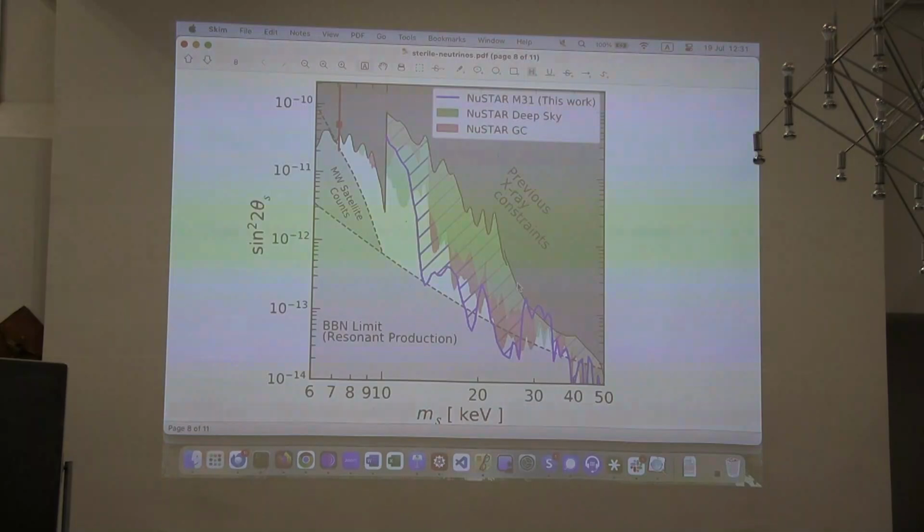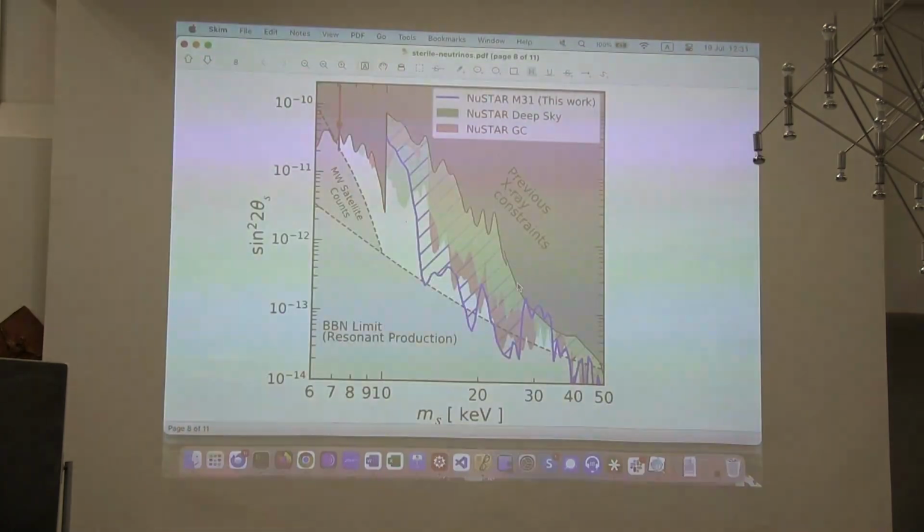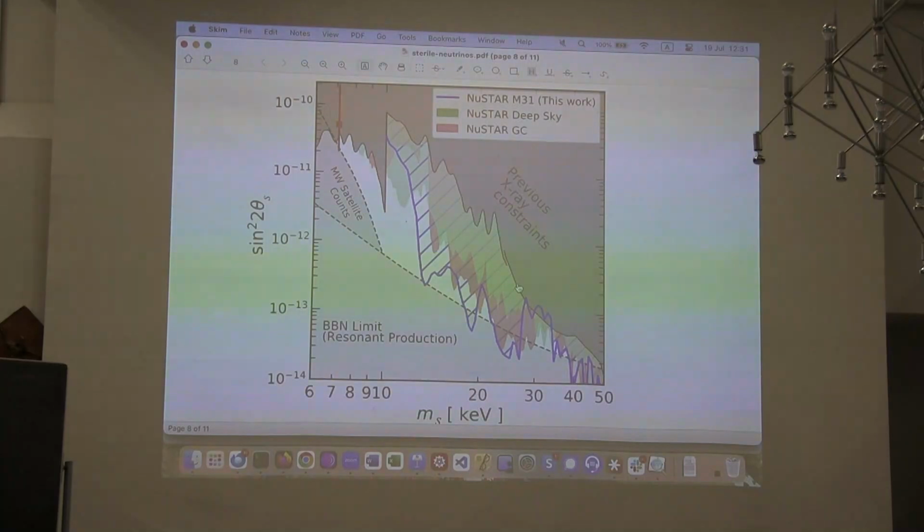I think by now this explanation is again no longer perfect, mostly because this extra line has been seen in many different astrophysical regions of the sky, and the relative strengths of those signals in the different regions do not really match the relative dark matter abundances that you would expect. So most likely that line is due to poorly understood atomic physics, but still.